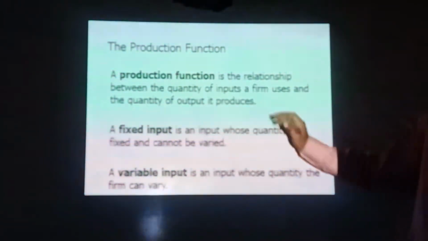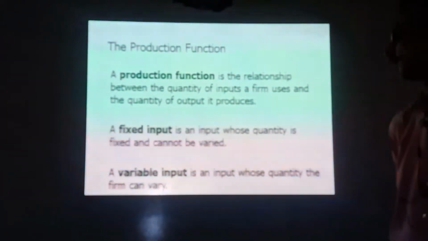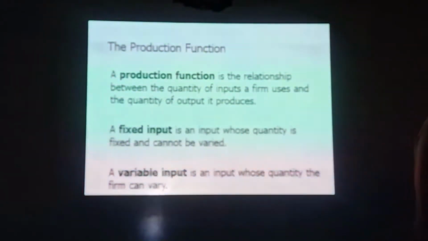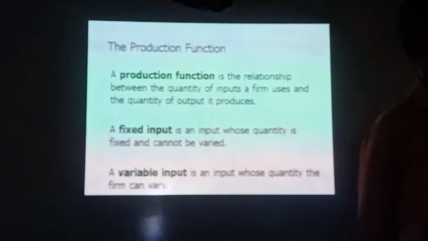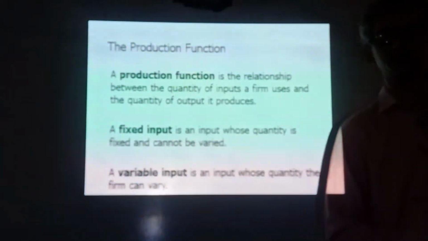A production function is the relationship between the quantity of inputs a firm uses and the quantity of output it produces. Hence, it is the relationship of the inputs and the outputs.